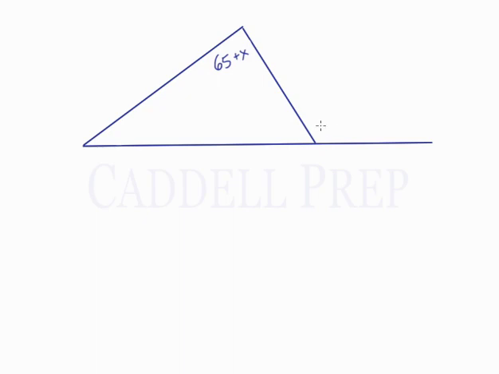We'll say this is 115. And then let's just call this one x. Okay, and let's say we want to solve for this angle. So we know that this angle plus this angle equals the measure of this angle. So we have x plus 65 plus x equals 115. These are all in degrees.